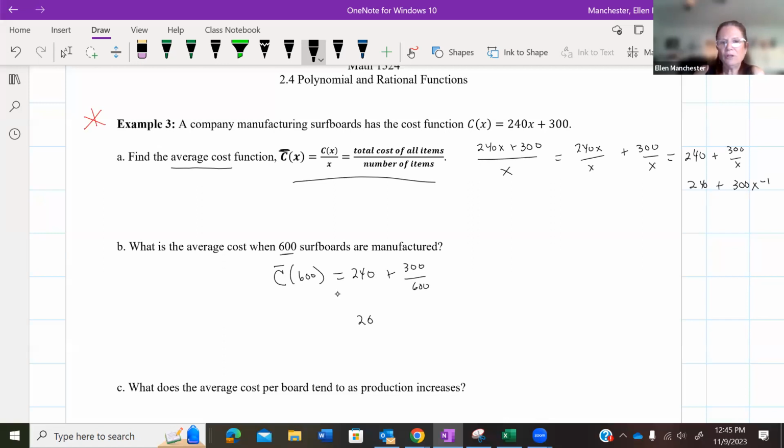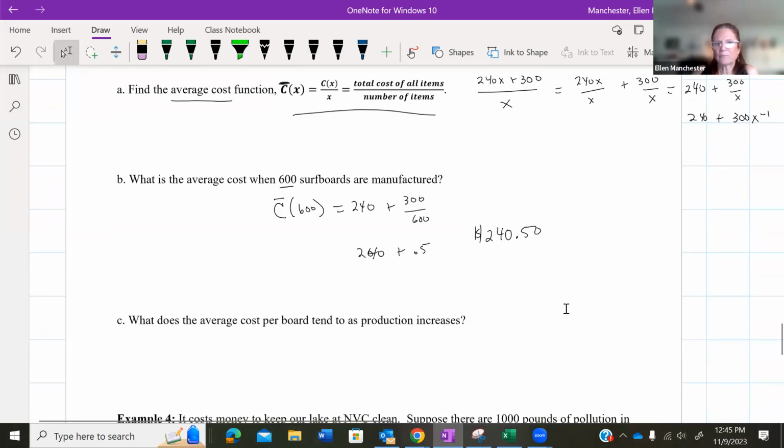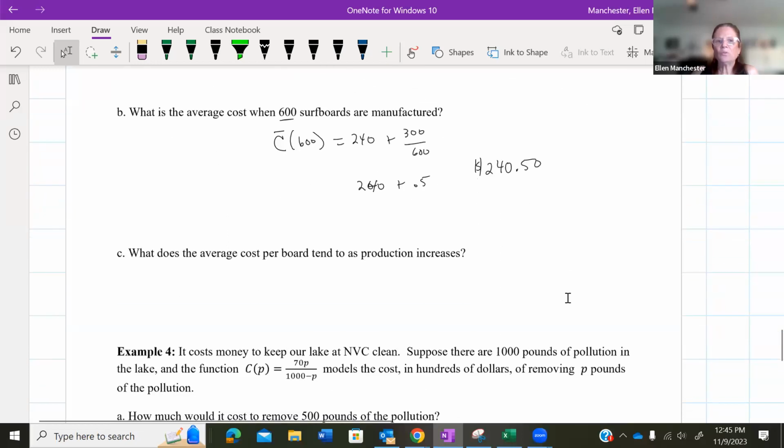So 240 plus half. So the cost is $240.50. That's it. And then what does it tend towards? It tends towards the 240. So it's going to hover around the 240, whatever that whole number is.